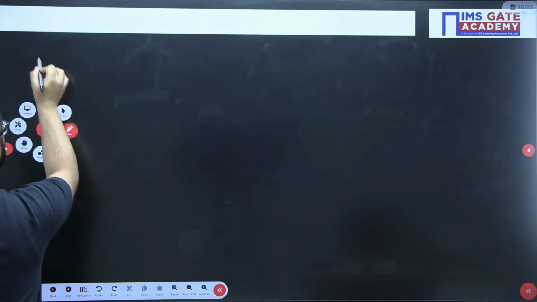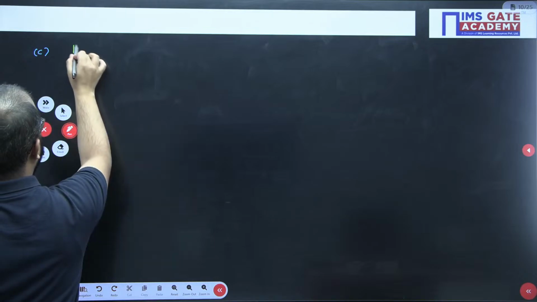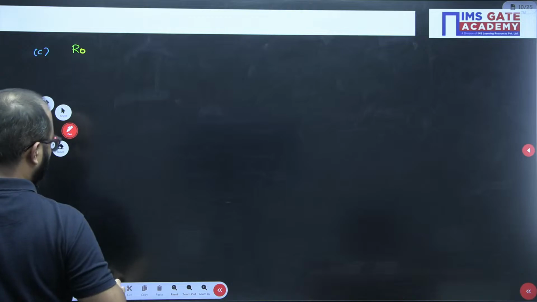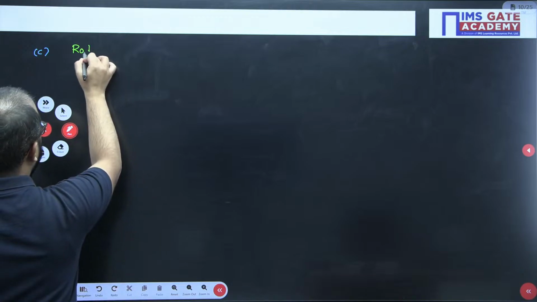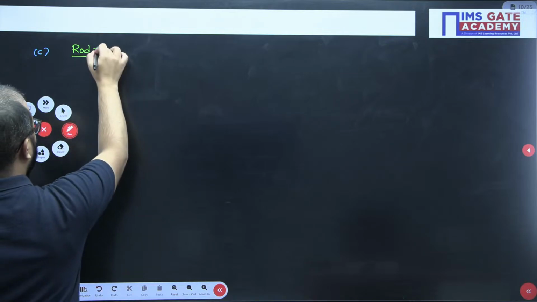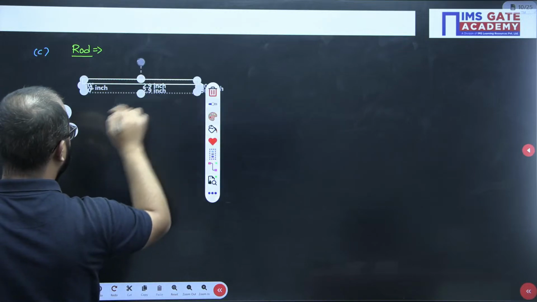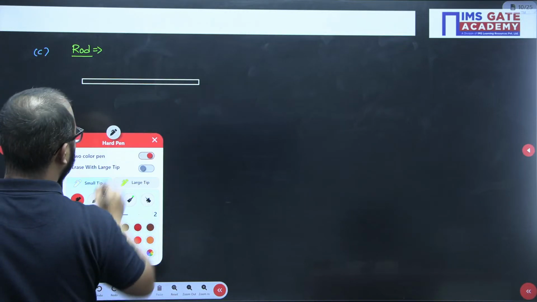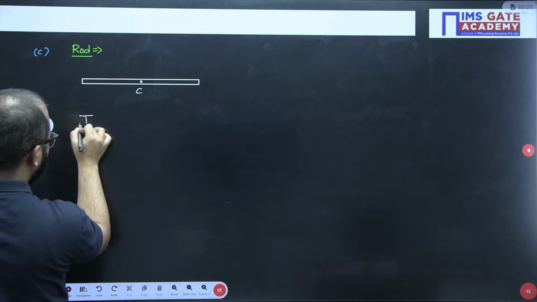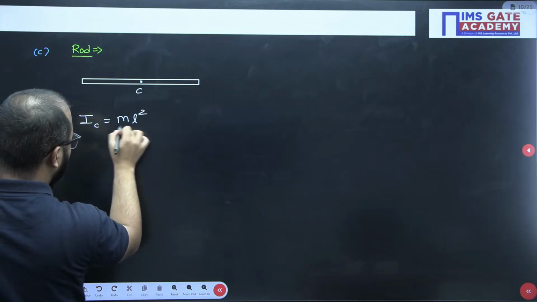Next, let's write for a rod. For a rod, about the center point, the mass moment of inertia value is ml square by 12.